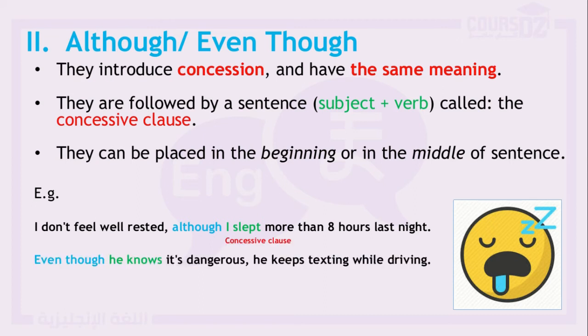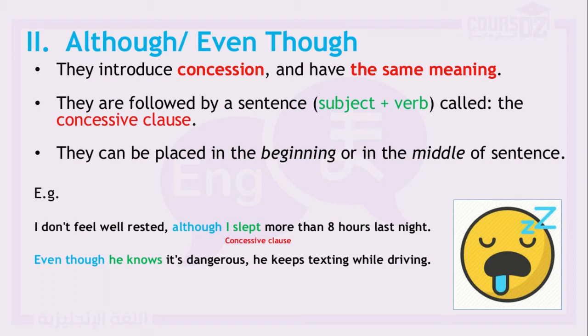Okay? Second example: even though he knows it's dangerous, he keeps texting while driving. Okay? يعني على باله باللي كي يبعث text messages وهو يسوق that's dangerous، خطر، هذا أمر خطر، لكنه مازال يدير فيه.